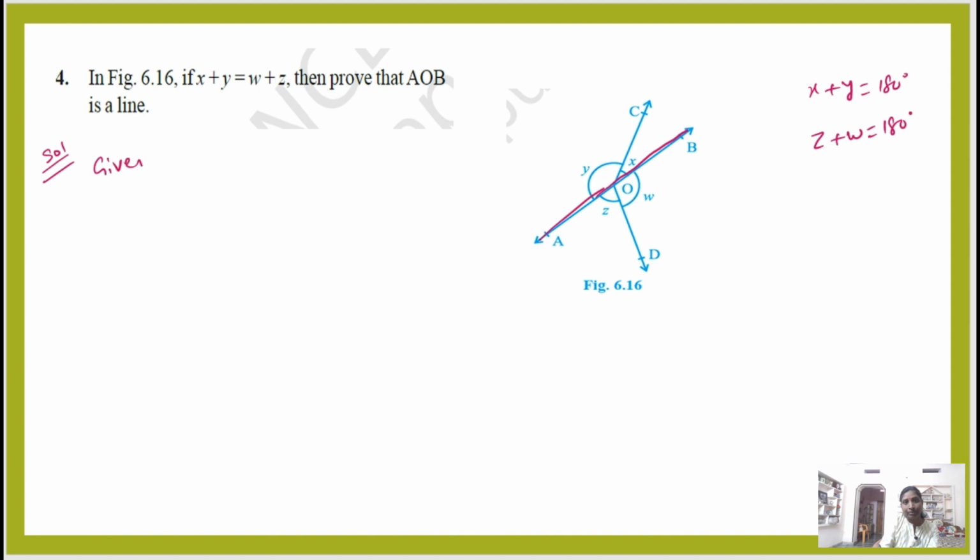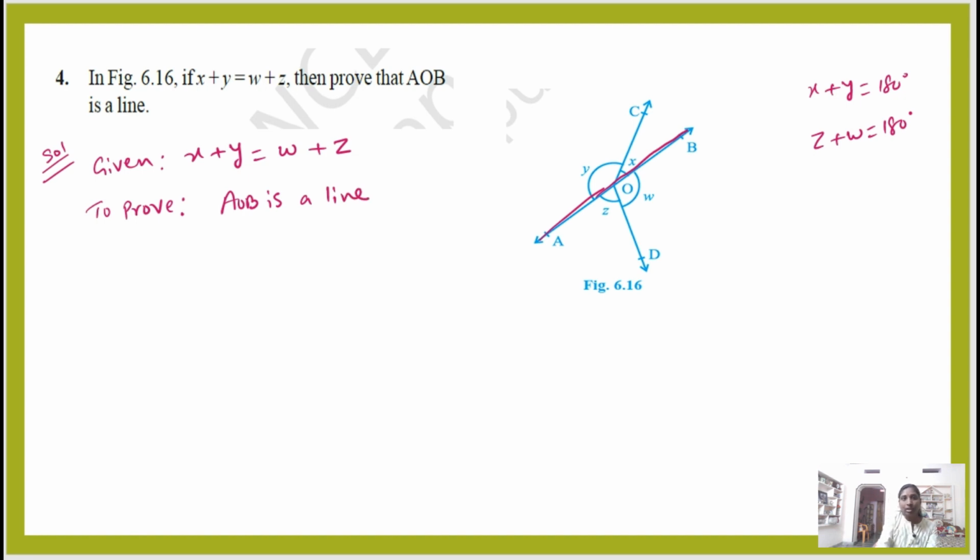Given x plus y is equal to w plus z. To prove, what do we need to prove? AOB is a line.